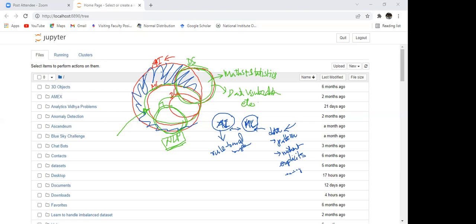Now, if I need to talk about the difference between AI and ML, we need to talk about that AI which is not ML, this blue portion. This blue portion will be those systems that work on some rule-based kind of algorithm.